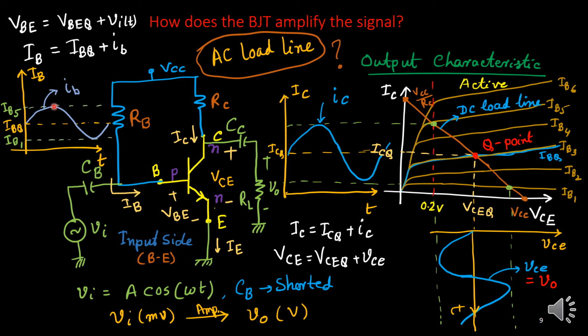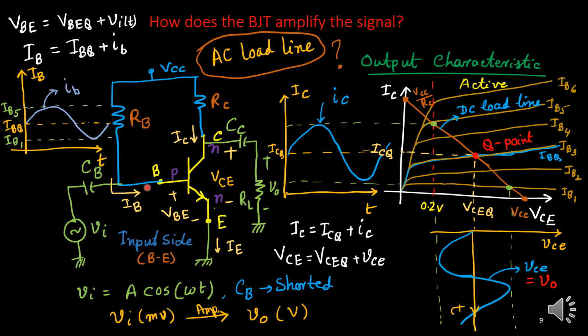So it is increasing, and when VI is negative, VBE is reducing. As a result, the base current is reducing compared to IBQ. So it is varying, and this variation we will call small ib. So total base current I can consider as IBQ, the DC one, plus this small ib. This is the total IB.